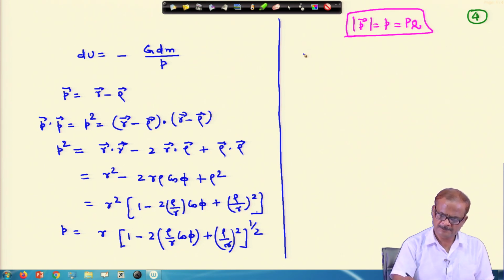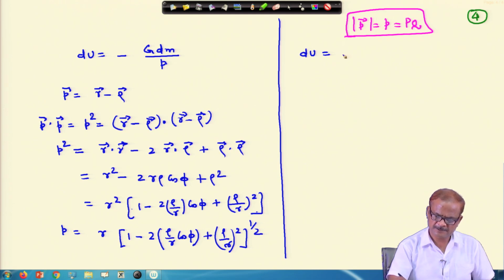And therefore, potential at P due to the elementary mass can be written as minus G dm divided by r times 1 minus 2 rho by r cos phi plus rho by r squared, to the power 1 by 2.